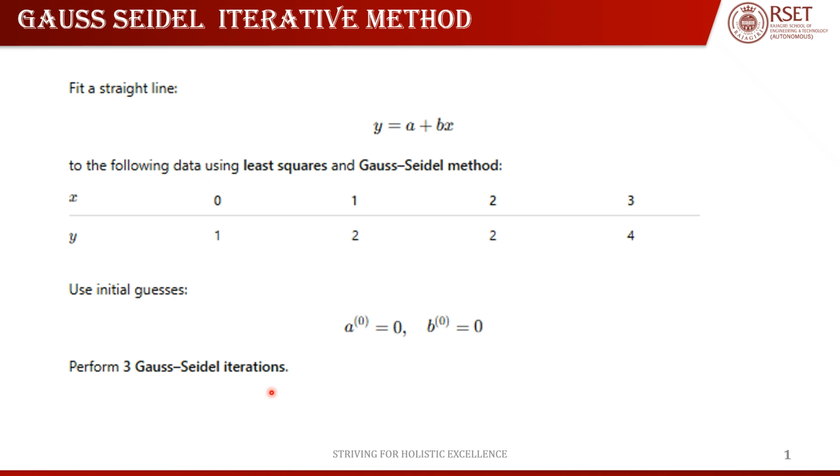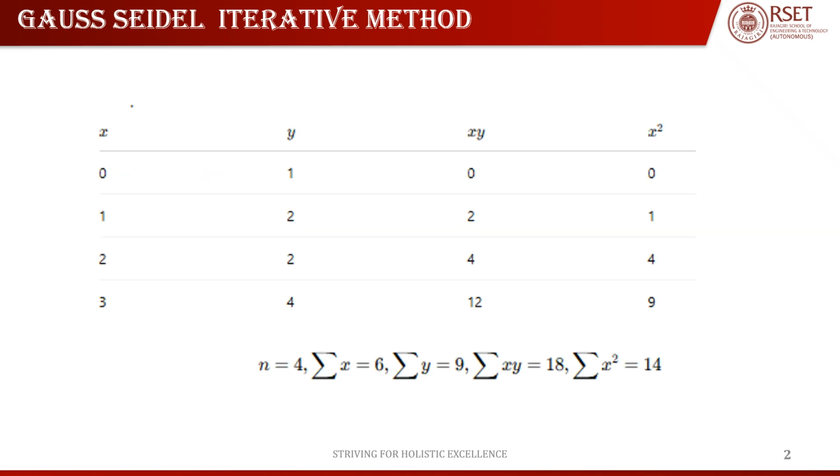For the Gauss-Seidel iteration, it is in a way similar to the Jacobi method we did before. So first we'll have to form the normal equations. You have the values 0, 1, 2, 3 and 1, 2, 2, 4. Same question we did before, just find the values: summation xi, summation yi, summation xi yi, summation xi square.